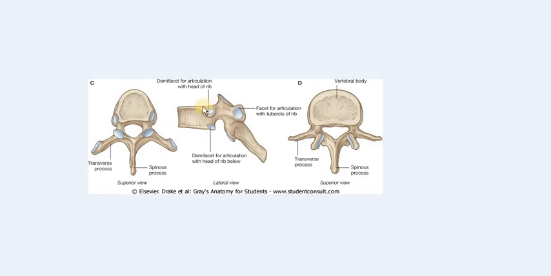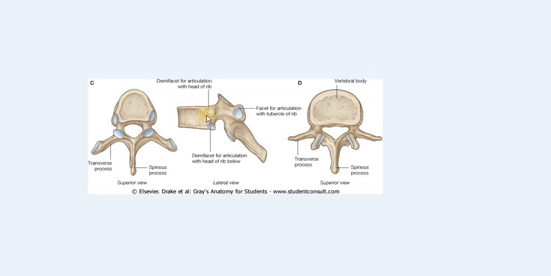Besides the costal facets on the body, there is also a facet on the transverse process of the thoracic vertebrae. This costal facet articulates with the tubercle of the rib, not with the head of the rib.